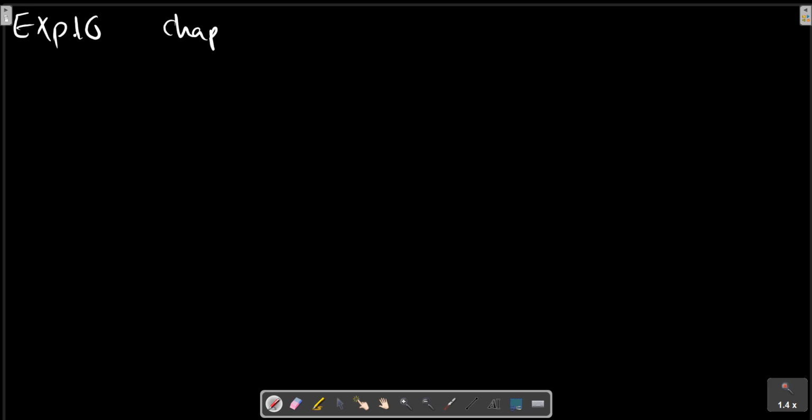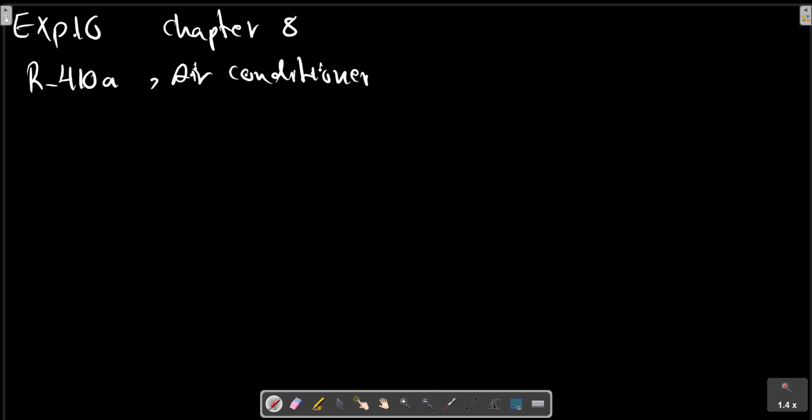Chapter 8. Consider a modern air conditioner using R working in heat pump mode.